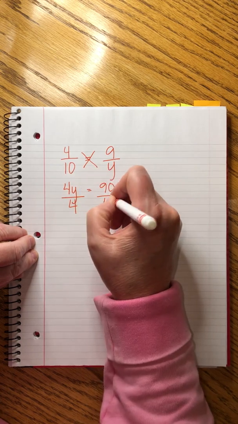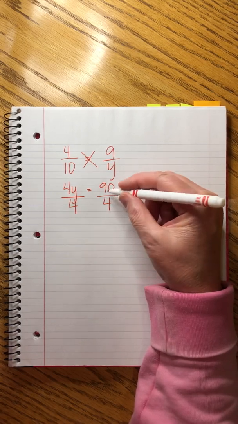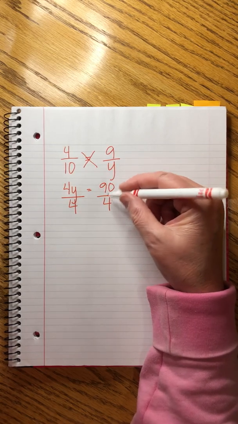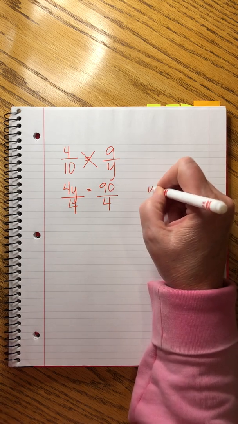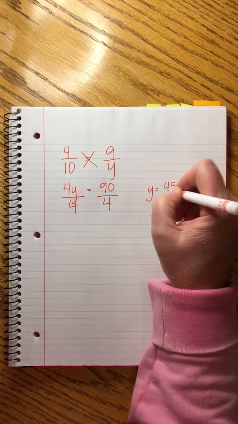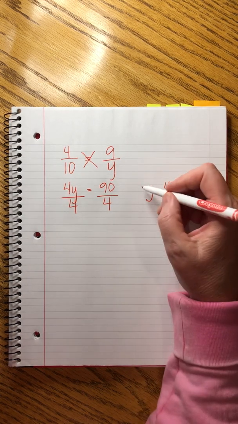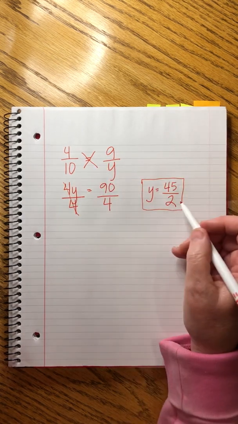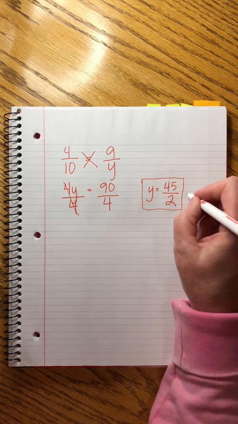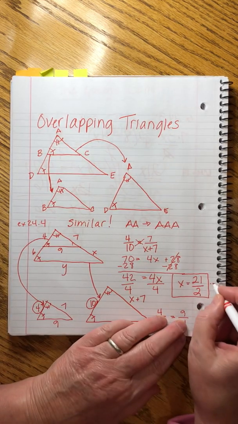Divide both sides by 4. And we get, let's see, we can chop this in half, right? We can divide both by 2. That's going to be 45 over 2. And that's as far as she goes, because that is not an even number. Okay, so 45 over 2, that is correct. And 21 over 2. Yay.